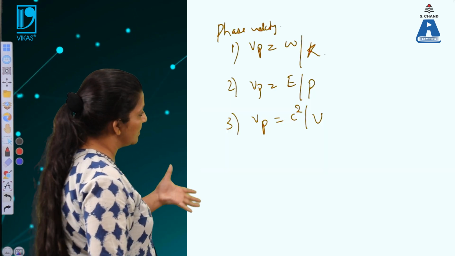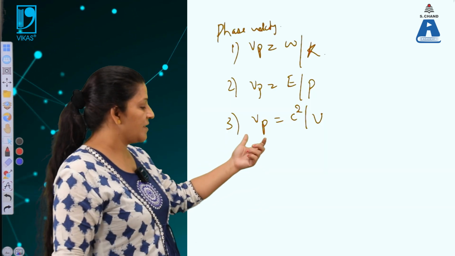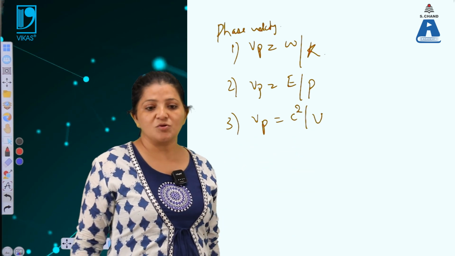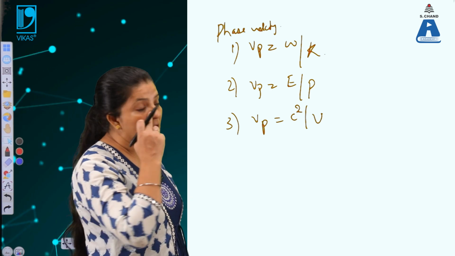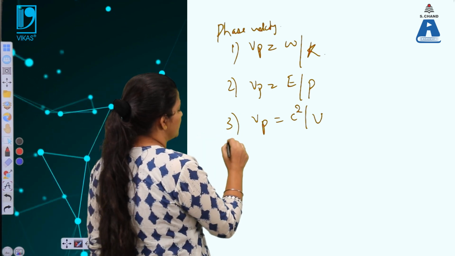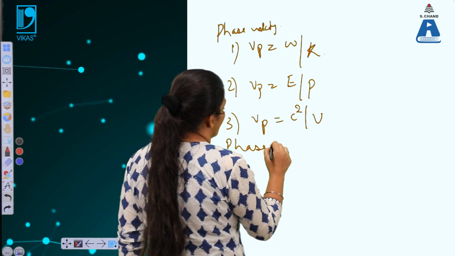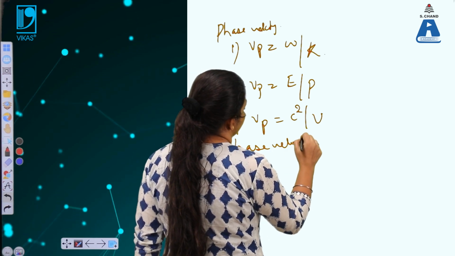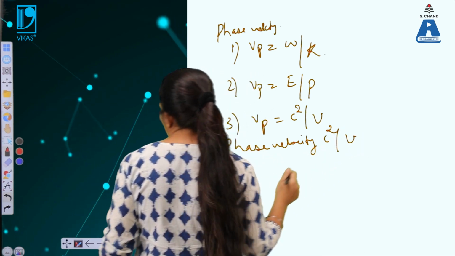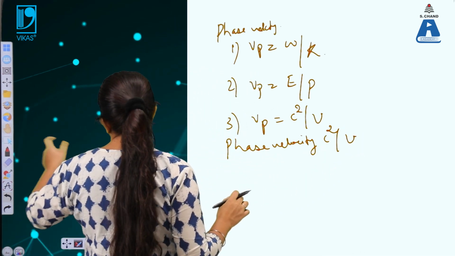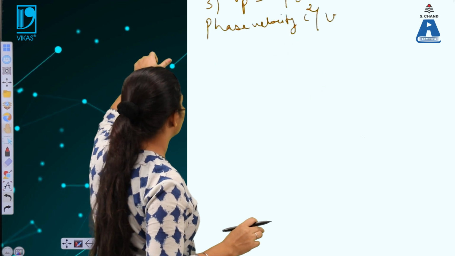Now the main concern is that the phase velocity equals c square by v. Is it possible or not? That is not possible. We know that the velocity of a body, what is v over here?